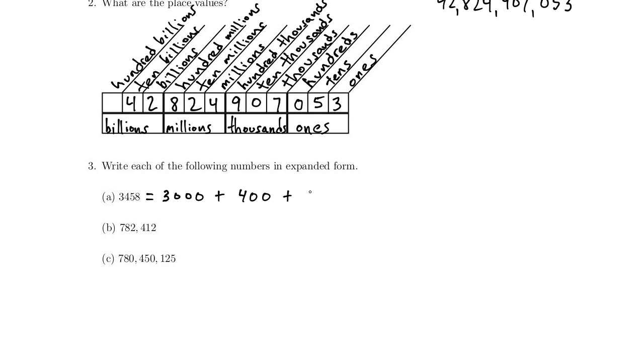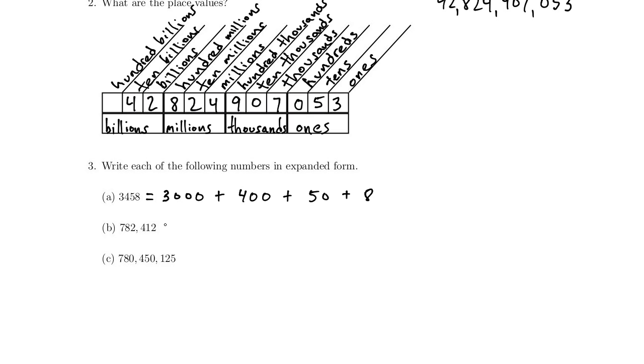That represents 50. And the 8 is in the ones place, so that's just 8 ones or 8. So this is the expanded form of 3,458: 3,000 plus 400 plus 50 plus 8.